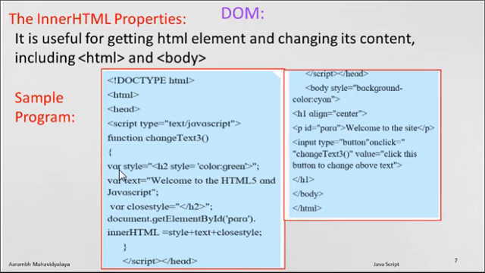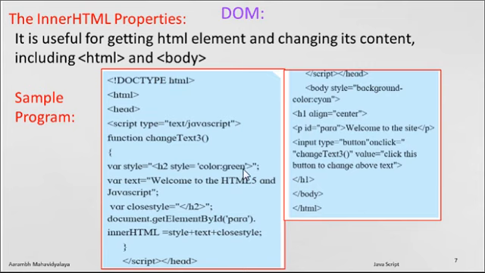Then var style equal to h2 style equal to color green. What does it mean? One variable style is used and under that variable, wherever there is an h2 on the page, the text color of that h2 will be green. Okay, h2 will have green color.